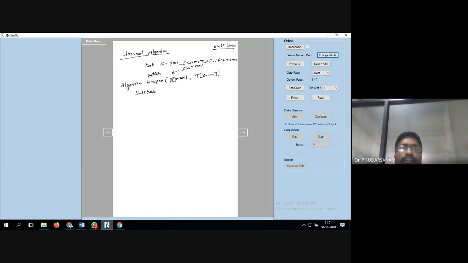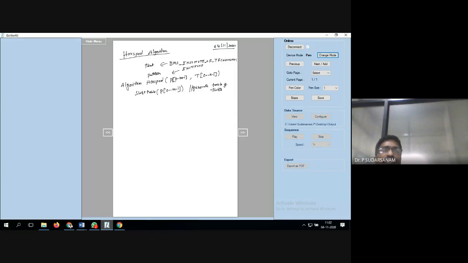I'll call a function on the pattern, P[0..m-1], which generates the table of shifts. I will write this as a separate function, and I will tell you how to generate it.